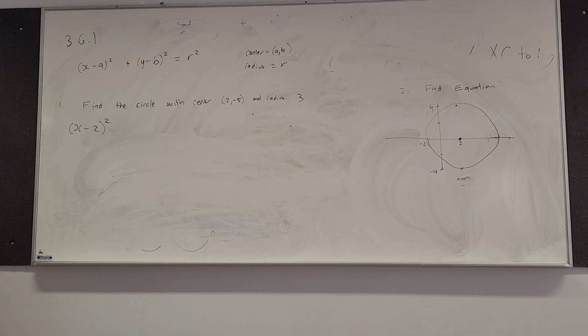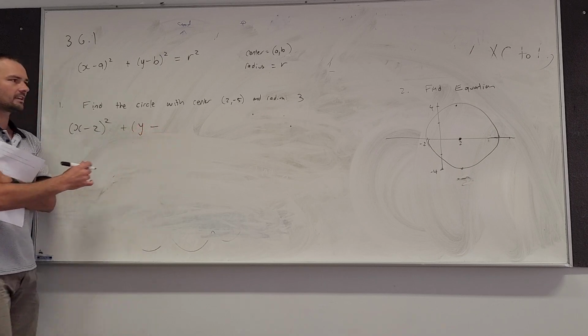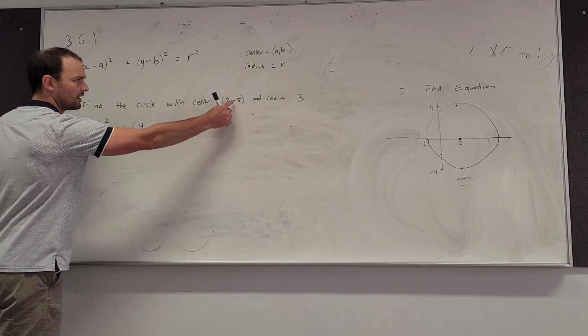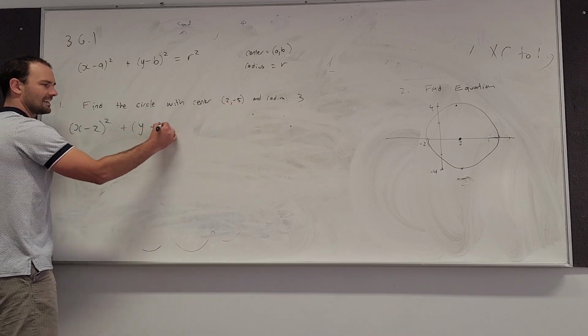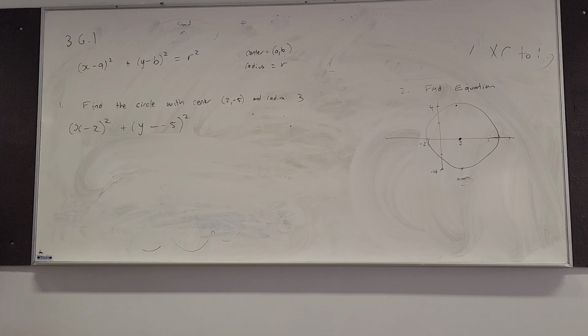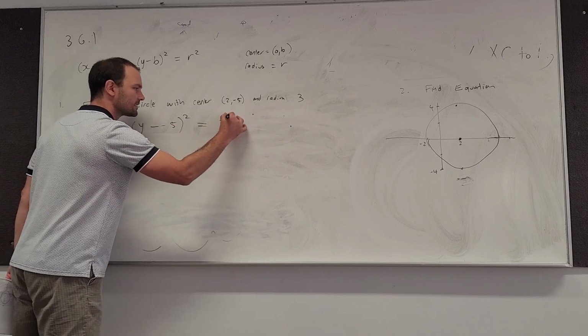So we've got x take the x value of the center, plus y take the y value of the center. Now we must consider here, the y value of the center is negative 5. So it's (y − (−5))². All right, and then that's equal to the radius squared.